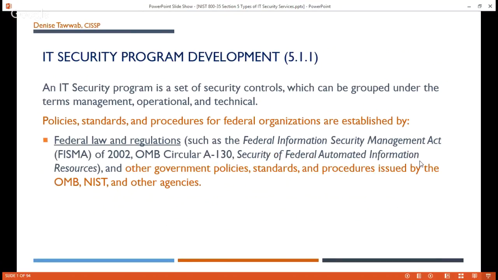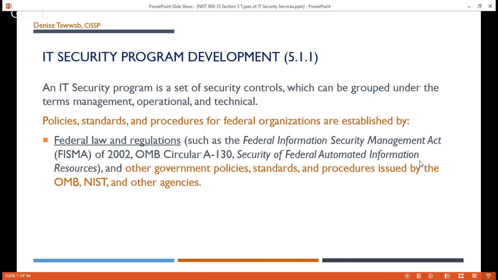So let's talk about program development. An IT security program is a set of security controls which can be grouped under the terms management, operational, and technical. Policy, standards, and procedures for federal organizations, because keep in mind, all of these NIST publications are designed first for federal organizations. The policies, standards, and procedures are established by FISMA, the Federal Information Security Management Act.